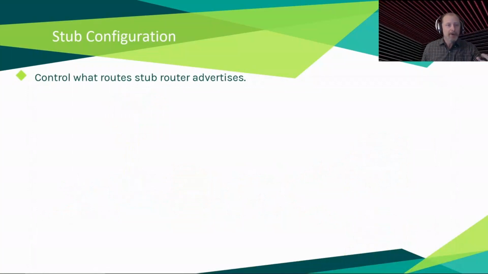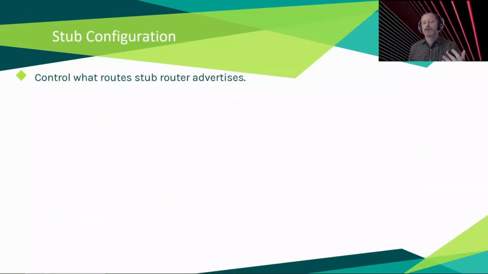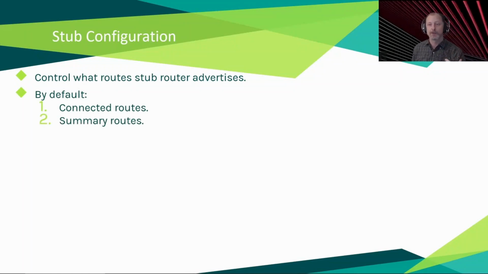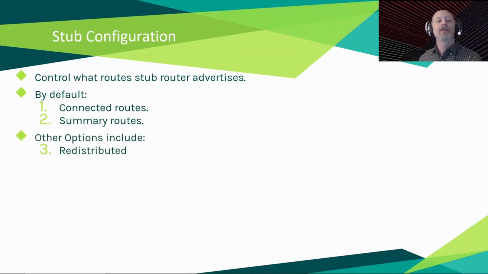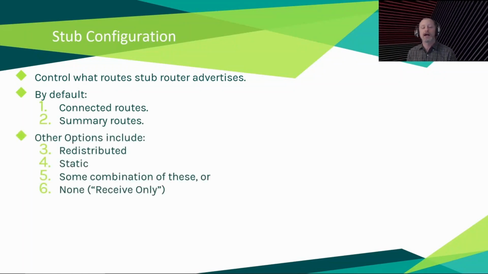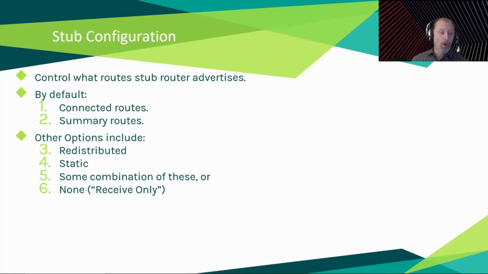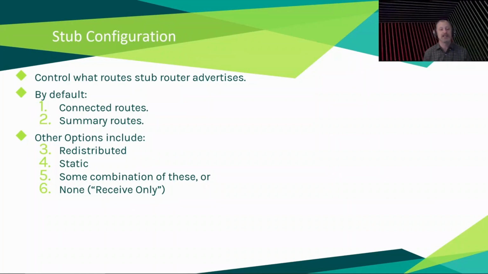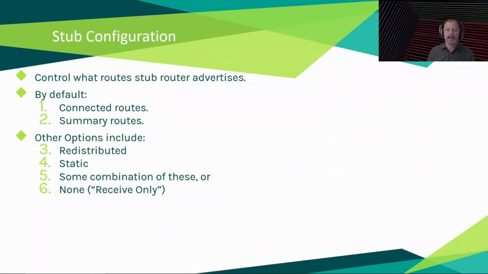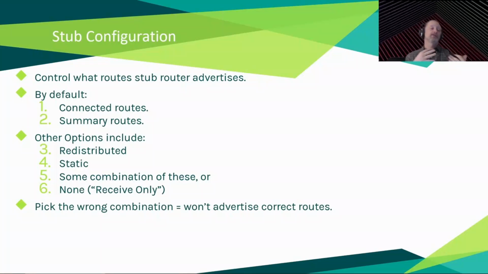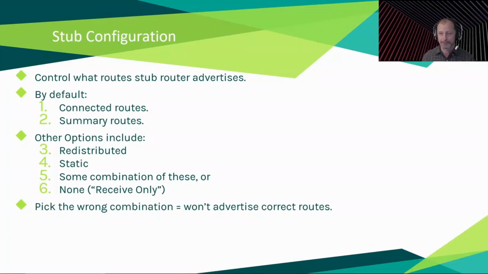So remember, with a stub configuration, by default, the stub is going to advertise connected and summary routes. Any other route, like redistributed routes or static routes, will not be advertised by default. Or if it's set up as receive only, it's not going to advertise anything. Okay, so the stub configuration has to be set up properly.